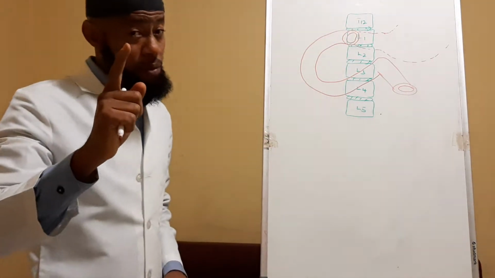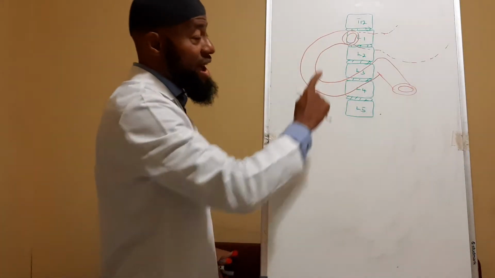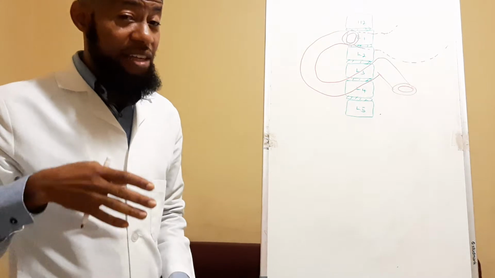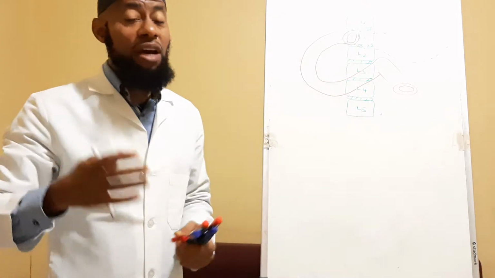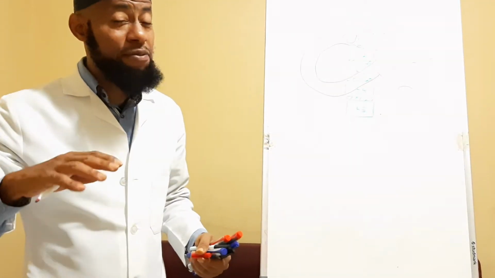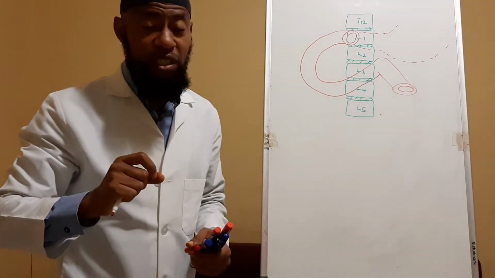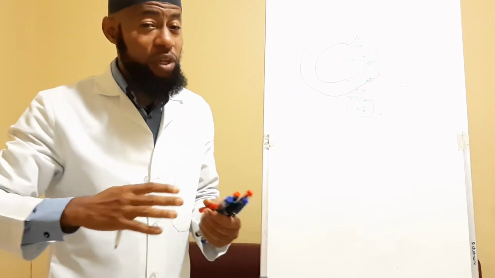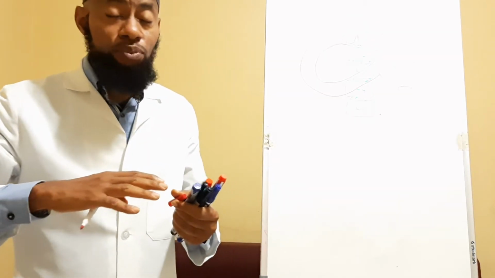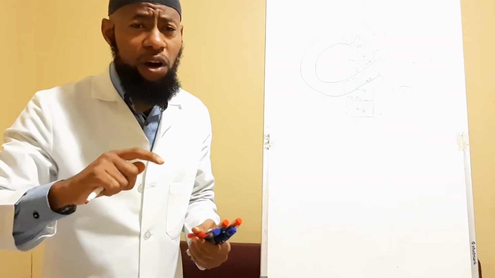Now, including T12, it's important that I include T12 for something very important. That is the aorta as it exits from the thoracic region into the abdominal region, passing through the diaphragm at the aortic hiatus at the level of T12.